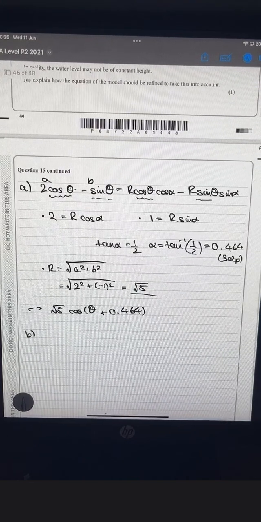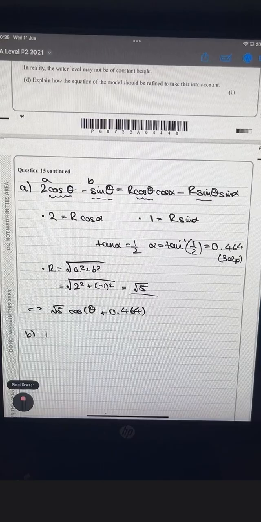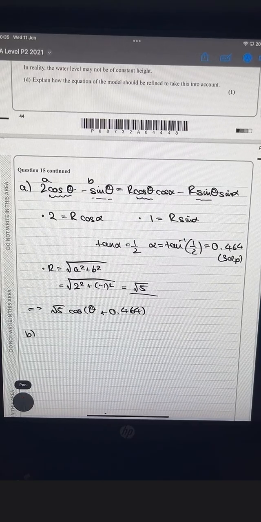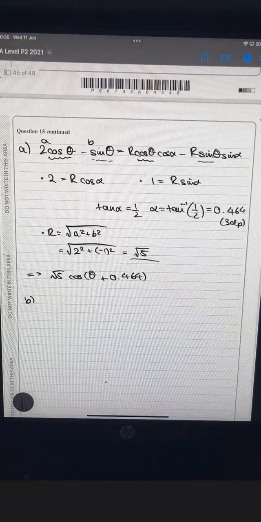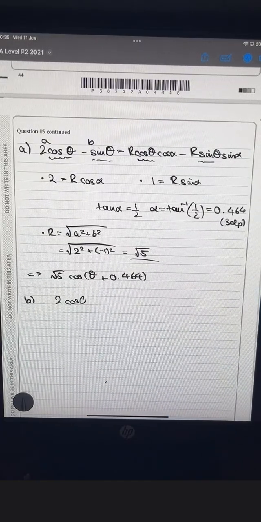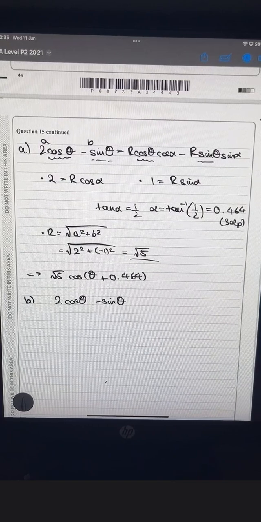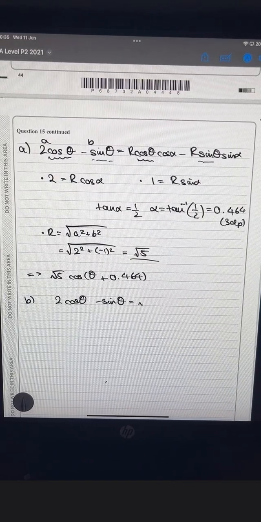So I'm just going to do b generally, okay? So I know that 2 cos theta minus sine theta, I'm going to rewrite this to make it clear. 2 cos theta minus sine theta, well, I know what that is in an easier form: square root of 5 cos theta plus 0.464. That's what I've done in part a. So I have to use that in part b, okay? So I'm going to compare and look at the equation in part b. h equals 3 plus 4 cos 0.5t minus 2 sine 0.5t.